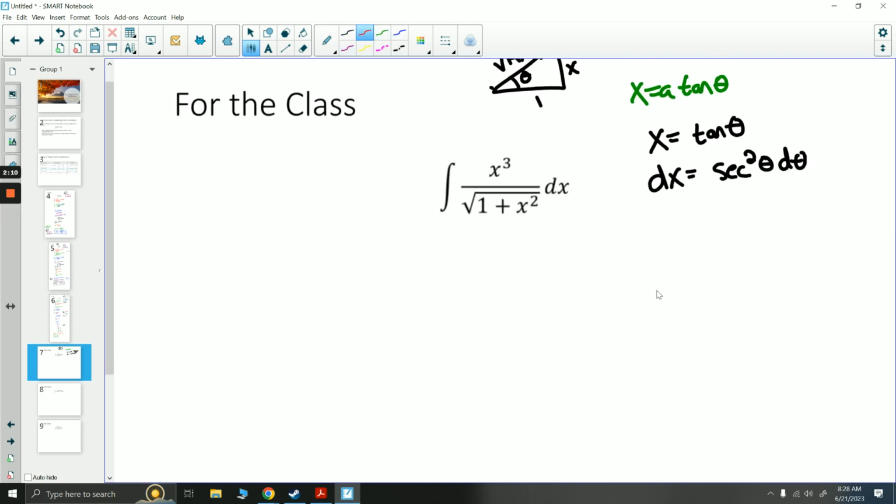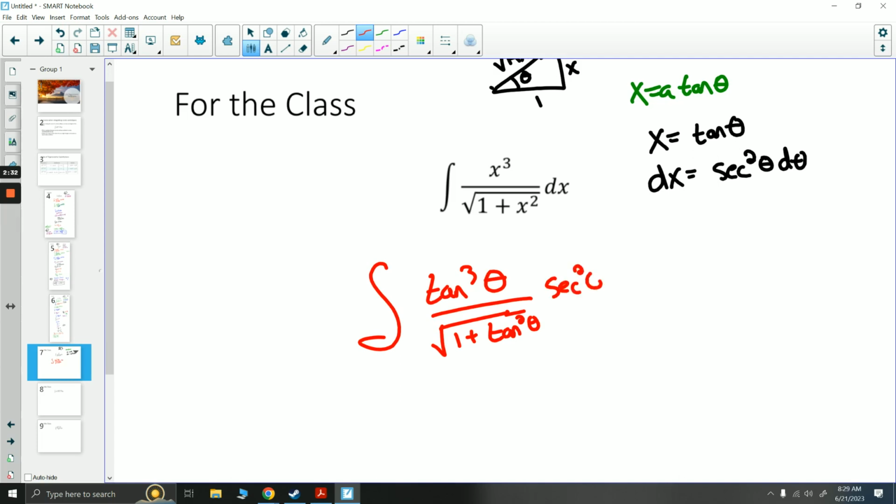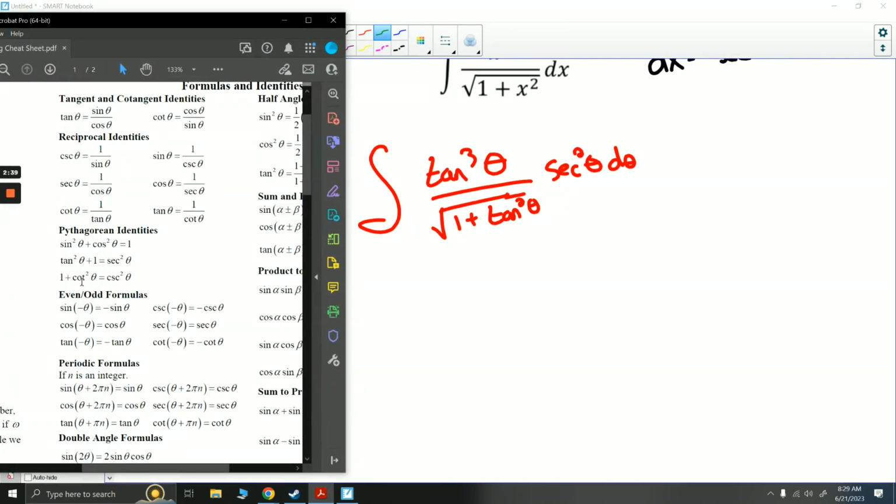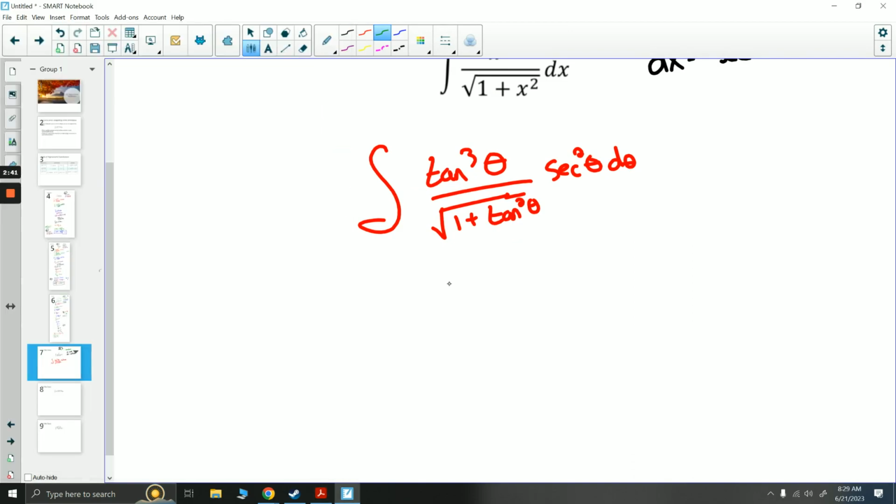All right, let's go ahead and start replacing these things. We have the integral. x cubed is going to be tangent cubed theta over the square root of 1 plus x squared. Our 1 plus x squared is going to give us 1 plus tangent squared theta. And our dx is going to be secant squared theta d theta. Okay, now 1 plus tangent squared is secant squared.